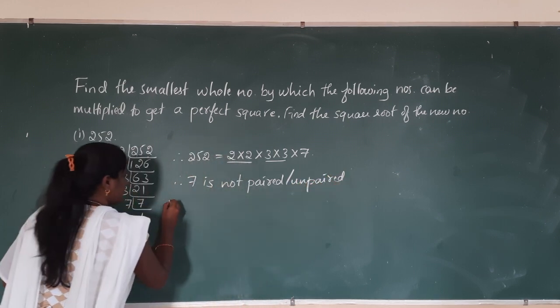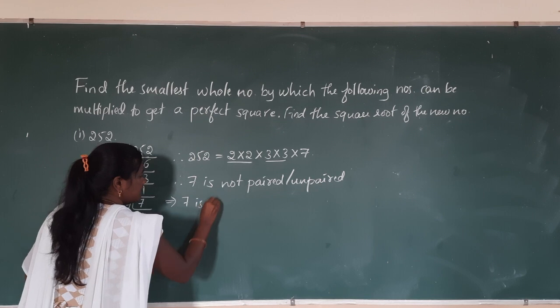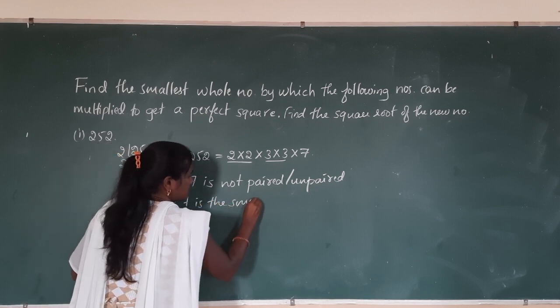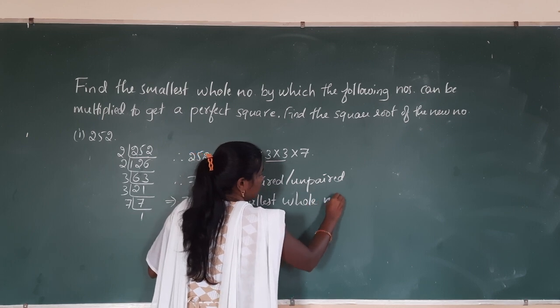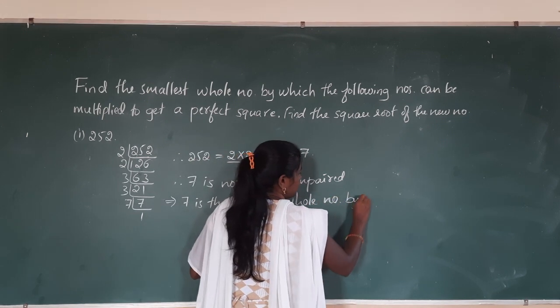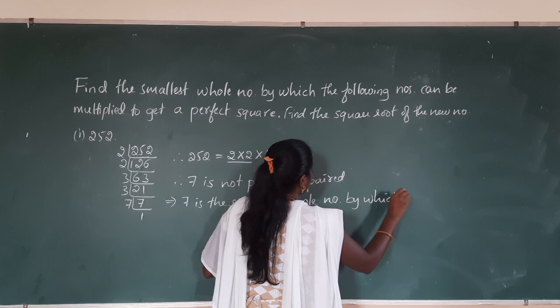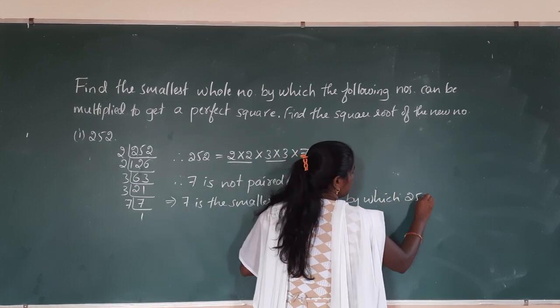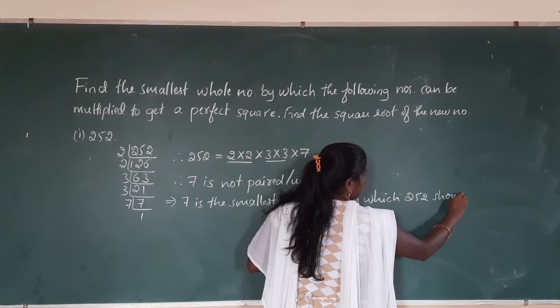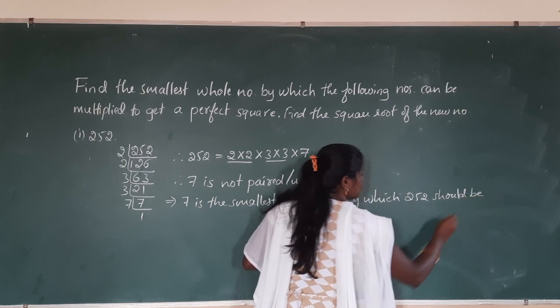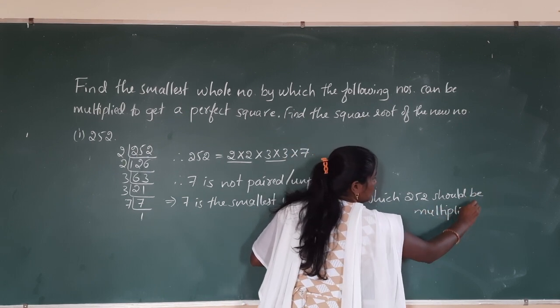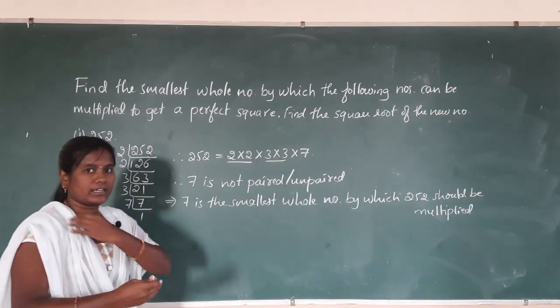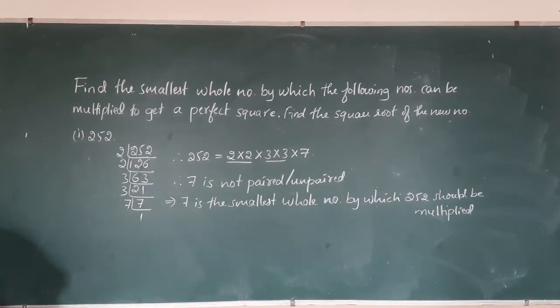Therefore, that implies 7 is the smallest whole number by which 252 should be multiplied. Why should it be multiplied? It should be multiplied to get a perfect square. Let us see which is that perfect square.